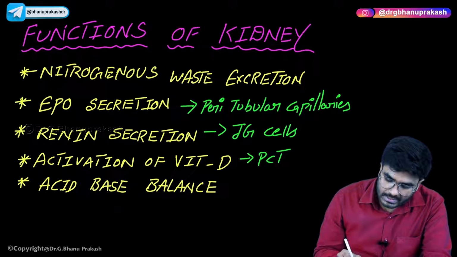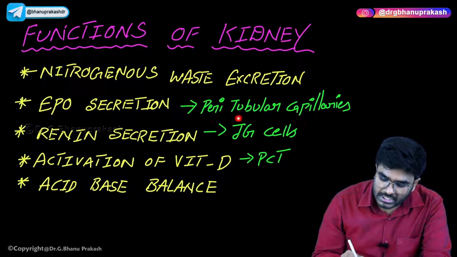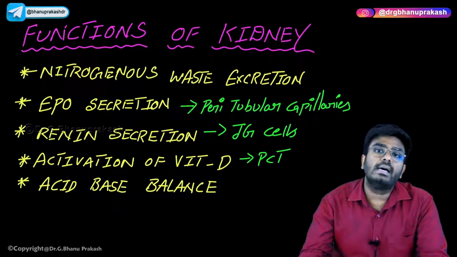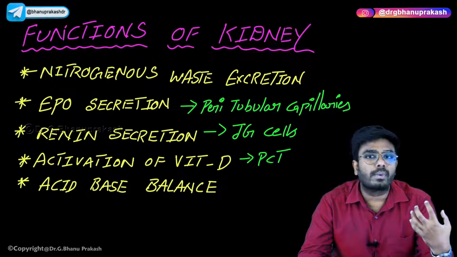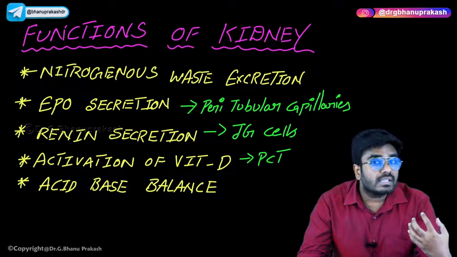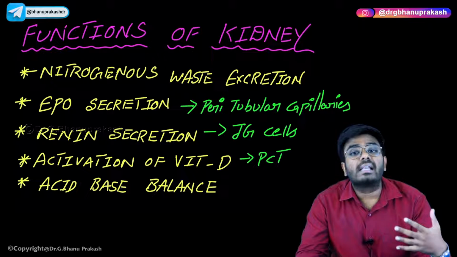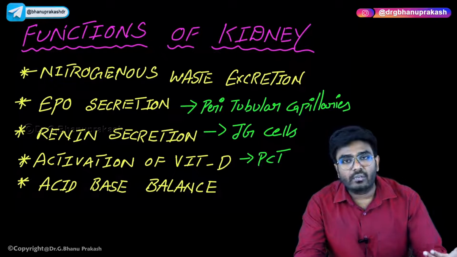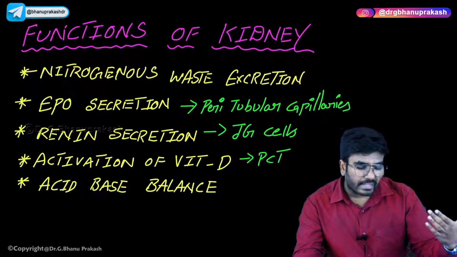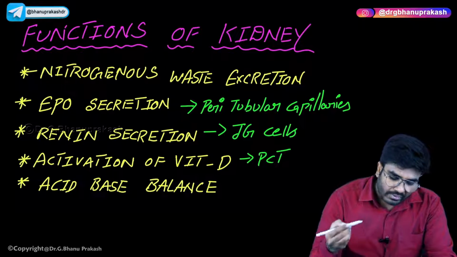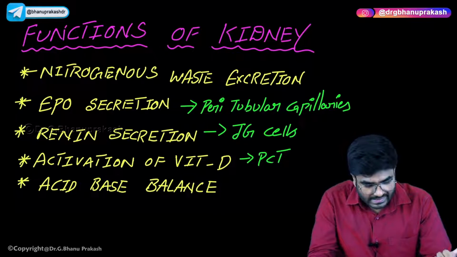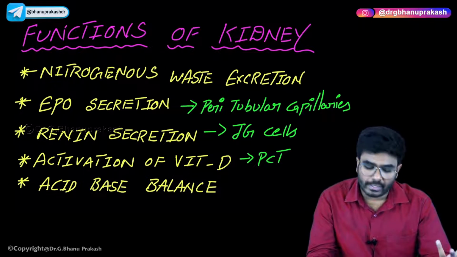It's the JG cells, juxtaglomerular cells present in the nephrons, which produce the renin, and that renin will start a cascade of reactions which will help in increasing the BP. That we will discuss later. So we have discussed three functions: nitrogenous waste product excretion, erythropoietin production and renin production.